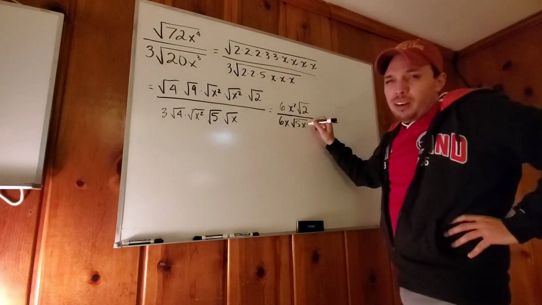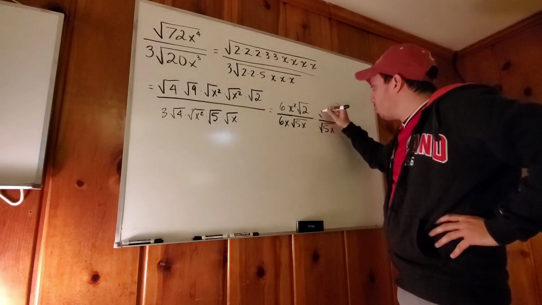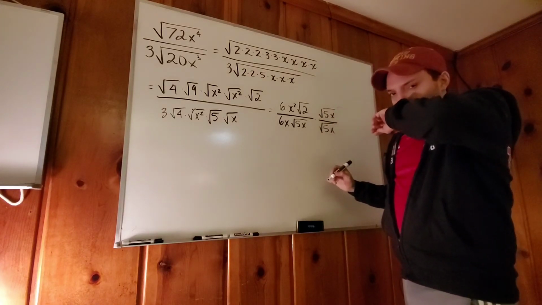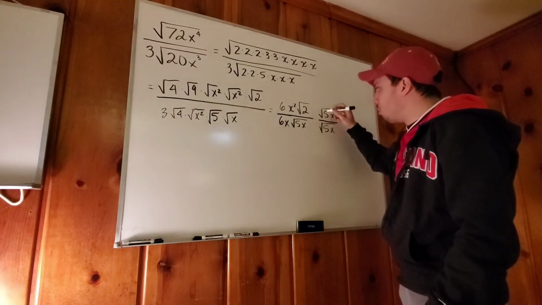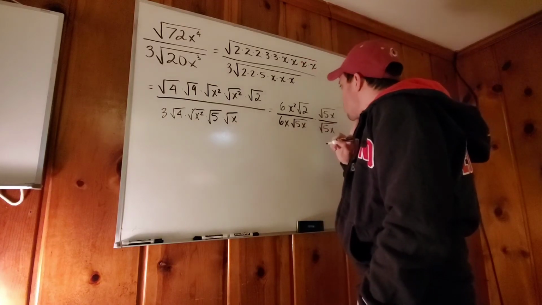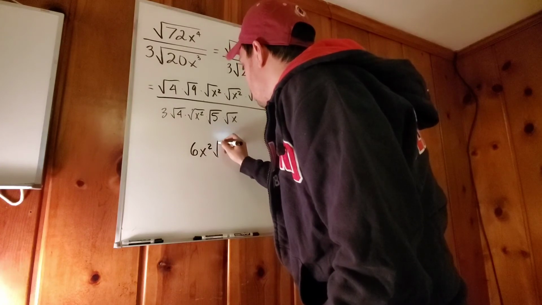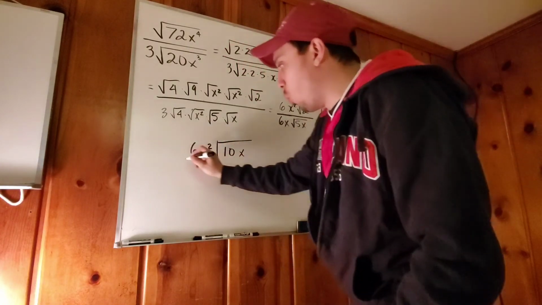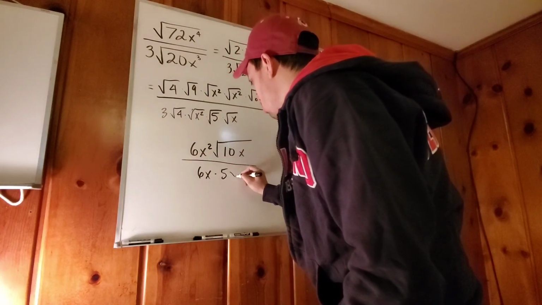All right, and so in here we have to then get rid of the radical in the denominator. We're going to have to multiply by the square root of 5x over the square root of 5x. So when we multiply this, it's going to be 6x squared square root of 10x over 6x times 5x.